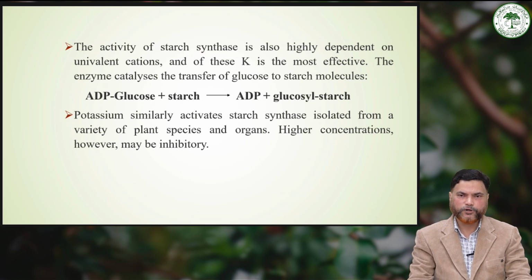Another very important enzyme is starch synthase, whose activity catalyzes the conversion of ADP glucose into glucosyl starch. Starch synthase activity is generally influenced by single charge cations, among which potassium is the most important and most effective. This enzyme facilitates the transfer of glucose to starch molecules, as depicted in this reaction.